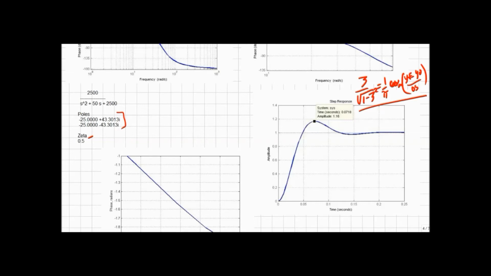Then omega n equals omega d over the square root of 1 minus zeta squared. My omega d was equal to 42, if you recall. And I come up with an omega n equals 48.6, which is pretty close to the 50 that I used when I created this data. So that was the overshoot.